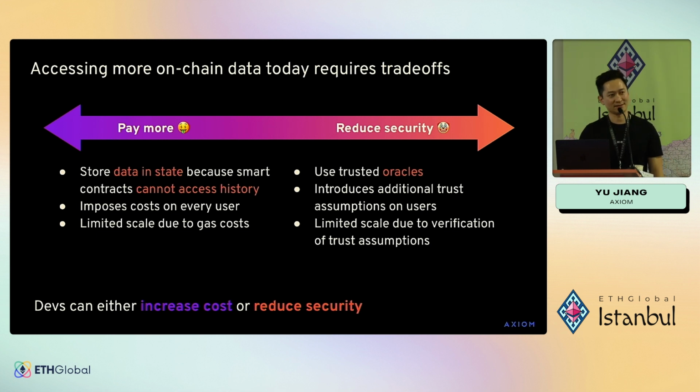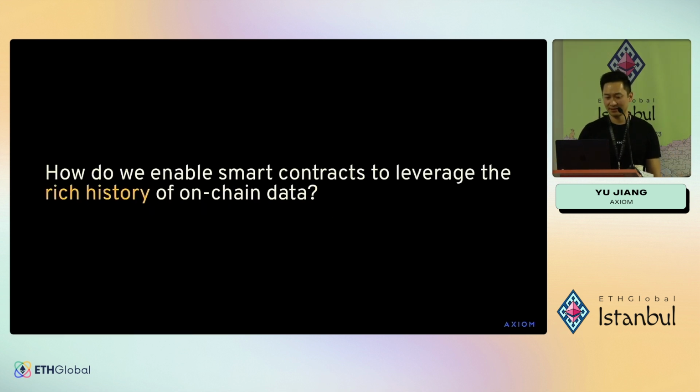That also introduces additional trust assumptions on users, and it also prevents you from scaling in a lot of ways. So developers have this conundrum, right? They can either increase the cost or decrease the security. So the question is, how do we enable smart contracts to leverage the rich history of on-chain data?